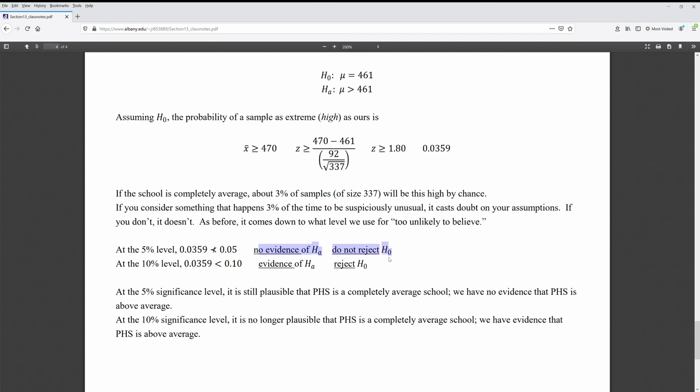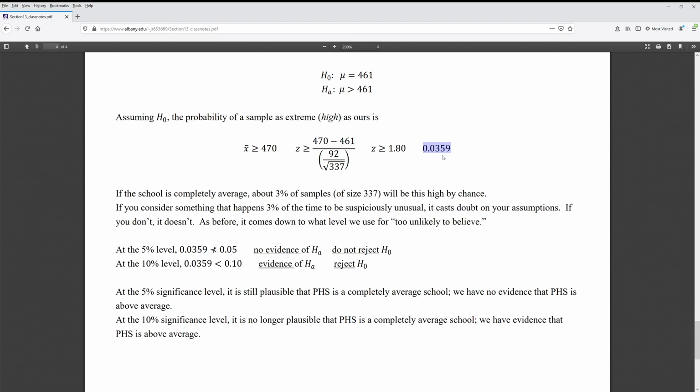Is the 0.0359 suspiciously unusual? Well, it depends on what you're calling suspiciously unusual. If this is small, if the P is low, then null must go, is the cutesy mnemonic device here. If this is small, then we'll reject H0 and find evidence of HA.